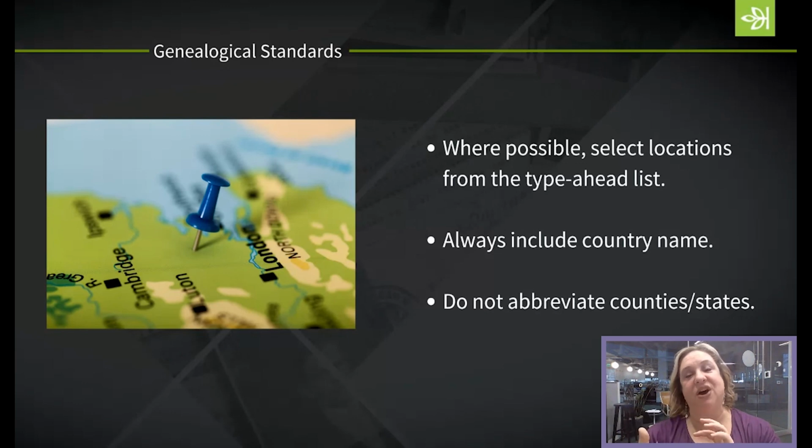You want to do it based on the way that the geopolitical jurisdictions line out from the smallest to the largest. But the names of schools or hospitals or addresses or cemeteries, any of that kind of information, you're just going to put in the description for that particular fact. Again, that's going to allow some of the automated tools on Ancestry to just work a little bit better on your behalf.